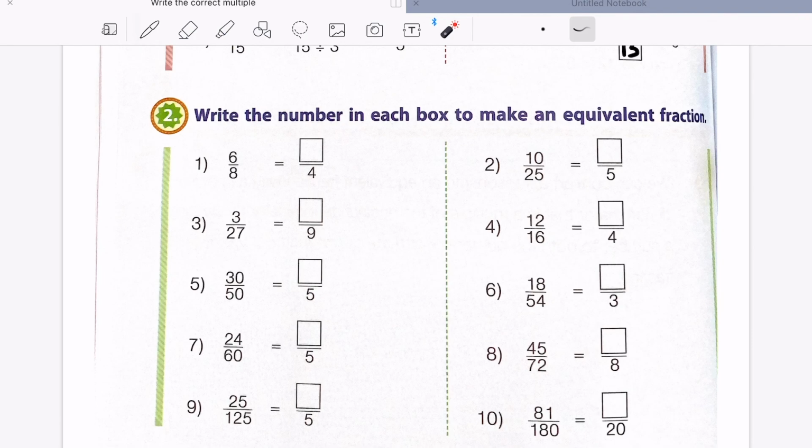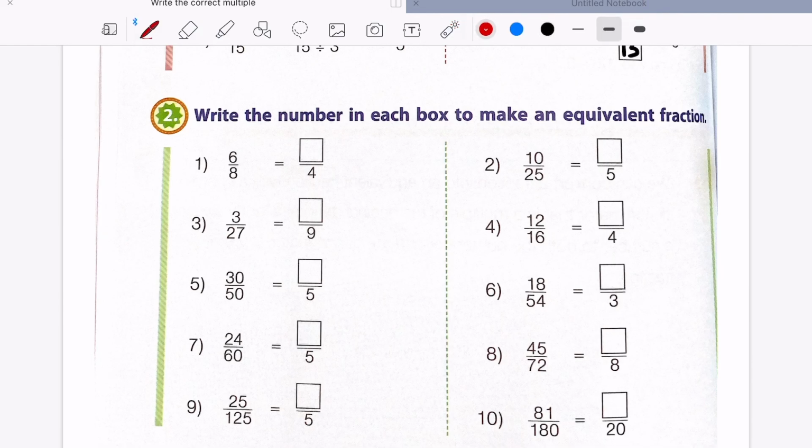Let's go down the page a bit and start with exercise number 2. Write the number in each box to make an equivalent fraction. So number 1, 6/8 is equal to blank over 4. So we have to divide.